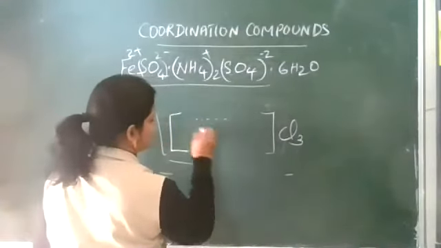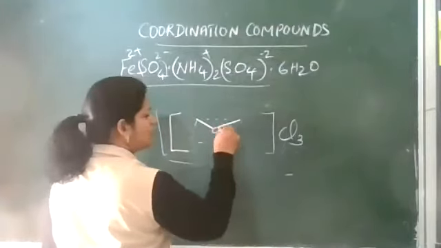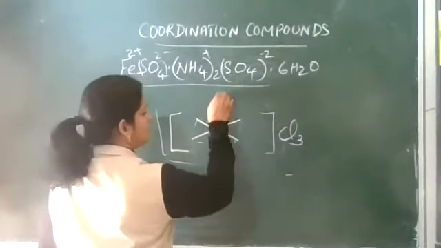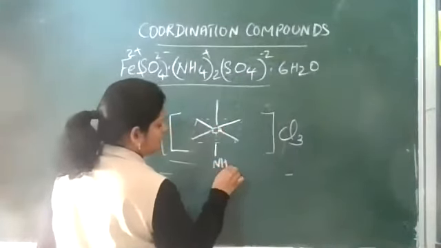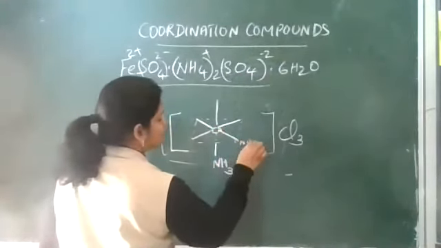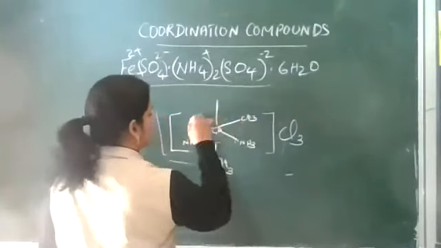The structure will be like this. Cobalt is at the center. Here one ammonia, one ammonia up, and one ammonia down. This is ammonia. This is the actual structure.